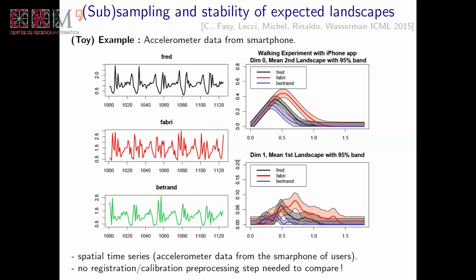We asked these three people to walk around in some building, and then we computed the average landscape to see if we were able to distinguish these people from their average persistent landscape. That's clearly not the best way to recognize people from their movement, but it's just an illustration of what's going on.